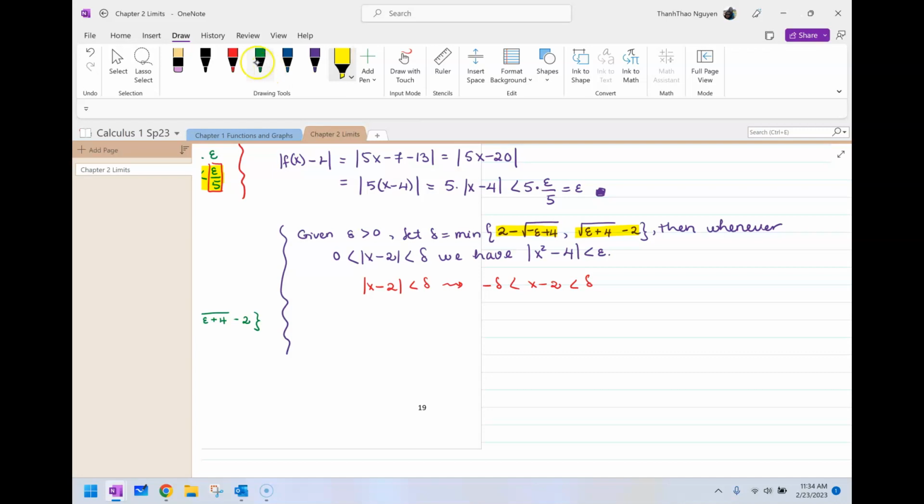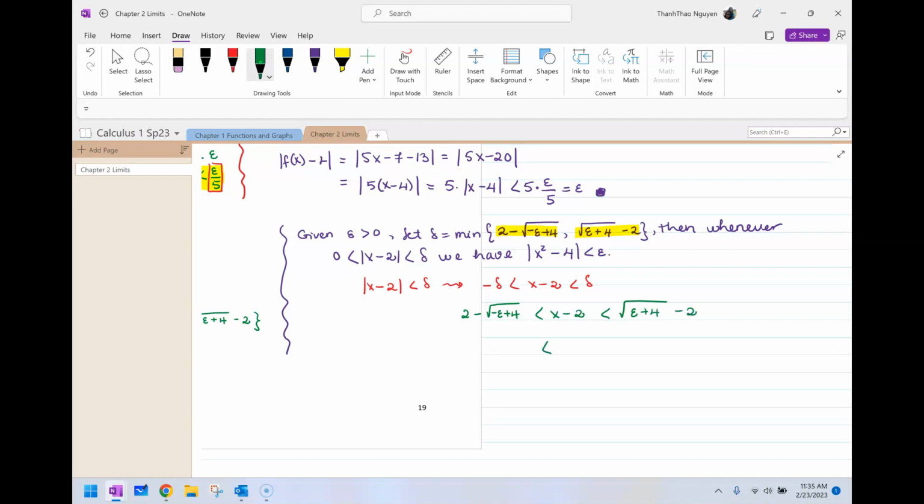Then in this case, 2 minus the square root of negative epsilon plus 4 has to be less than x − 2, less than the square root of epsilon plus 4 minus 2.